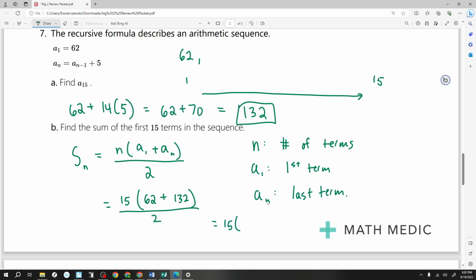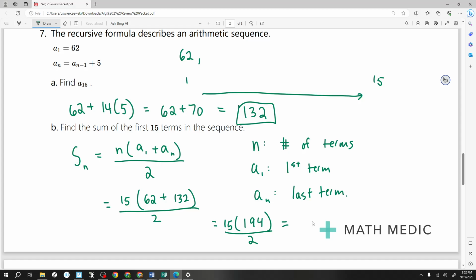15 times 62 and 132, is that 194? No? Is that right? 62 plus 132? How much? 194? It should be right.